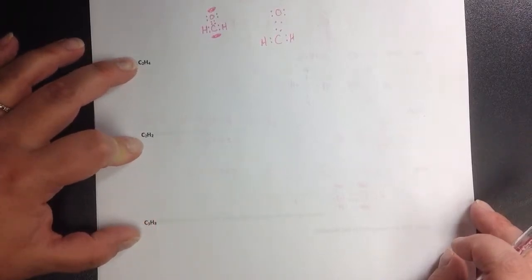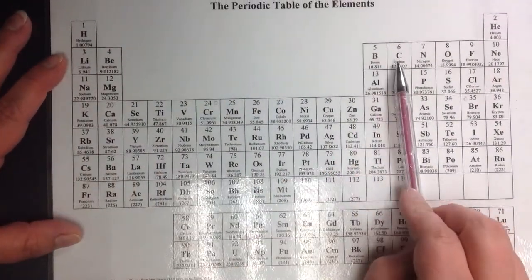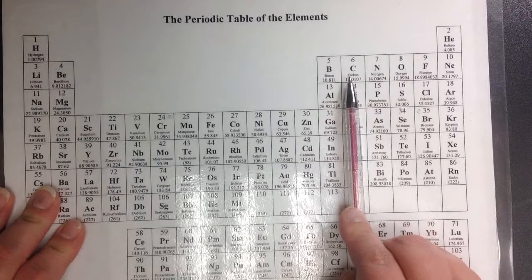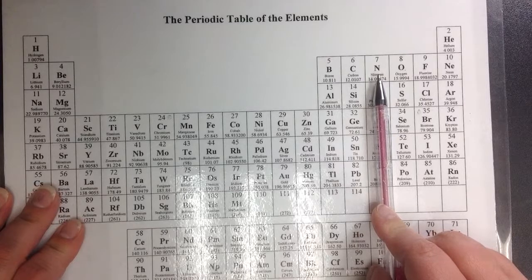Now these start getting into a little bit more complex structures where we're dealing with carbon and hydrogen. So let's talk about something else. Carbon has 4 valence electrons. Another way to look at that is that carbon can bond 4 times. Because if carbon has 4 valence electrons and wants to have 8, then it has to have 4 bonds to get 4 more electrons. In the same way, nitrogen has 5 valence electrons, so it needs 3 more bonds to have a complete octet.